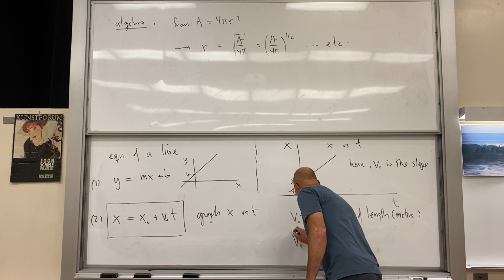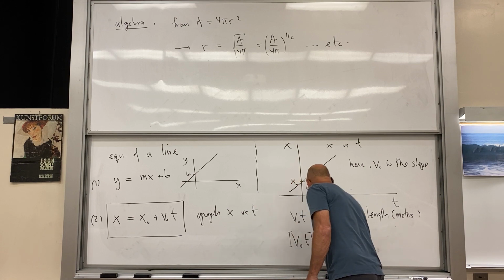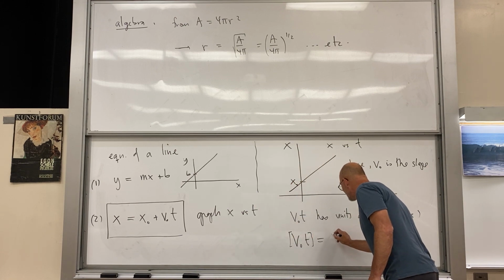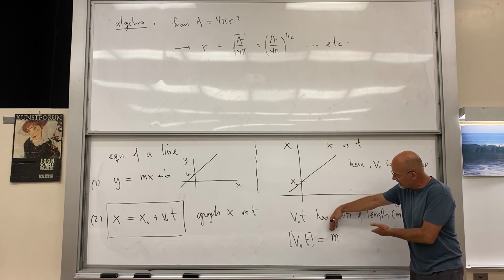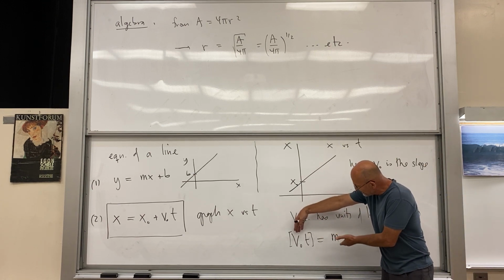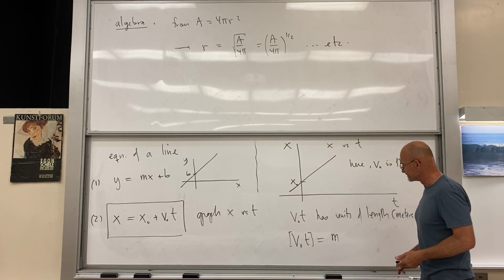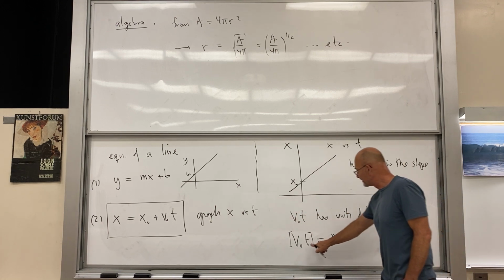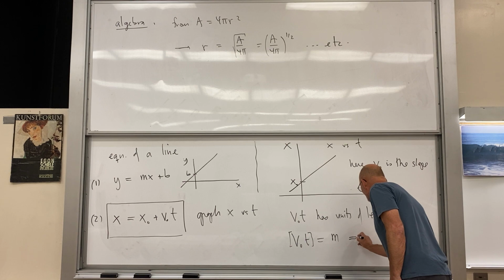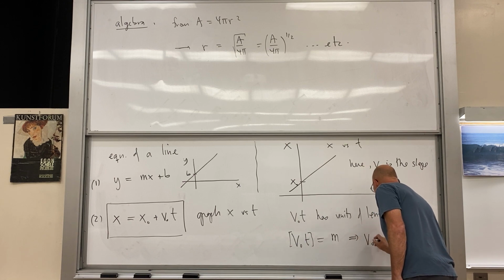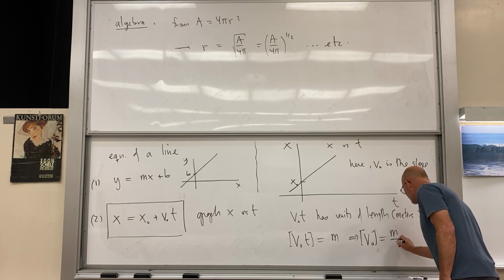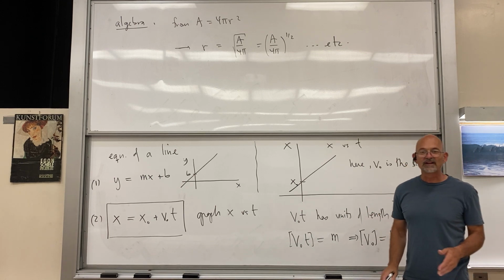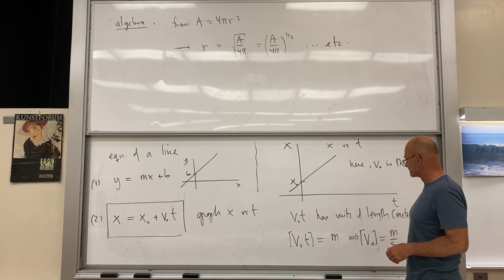Put a square bracket around here, and the square bracket means we're analyzing what the units are. And since T is seconds, V0 has units of meters per second, which we'll learn about next week is a velocity.